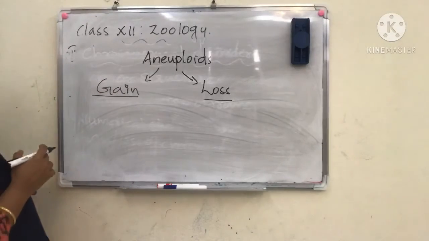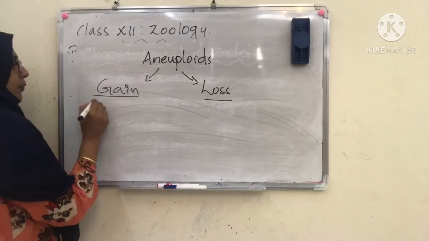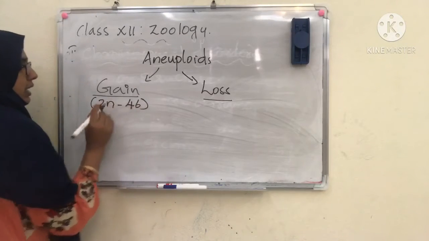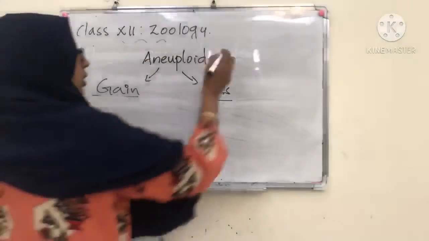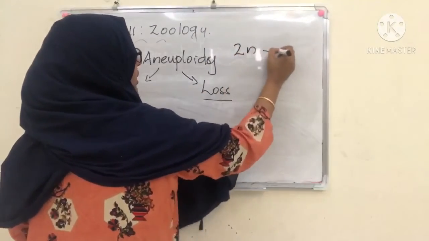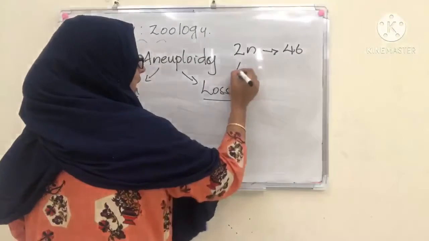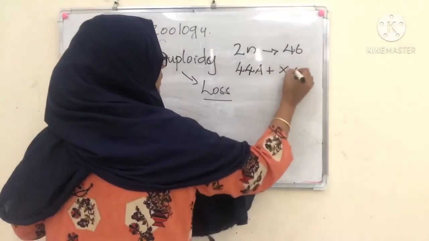See, what is the chromosome number of human beings? That is 2n, that is 46. Isn't it? Normal is 2n. What does 2n mean? 46 chromosomes. It is 44 autosomes with 2 sex chromosomes.